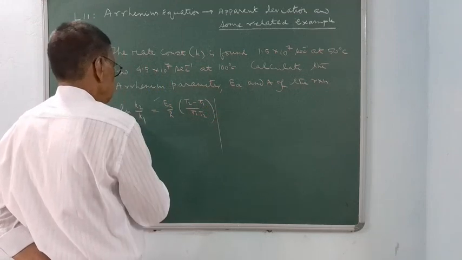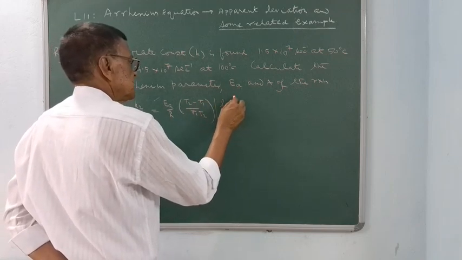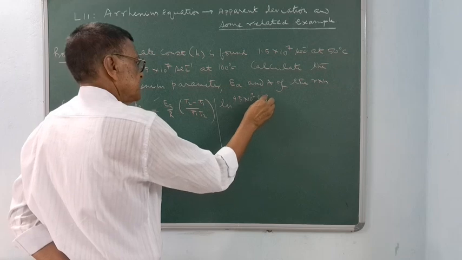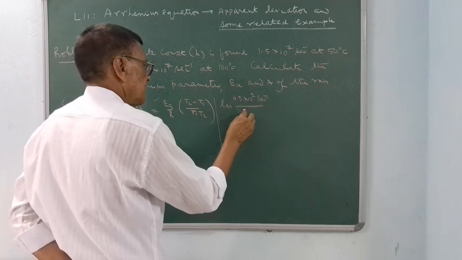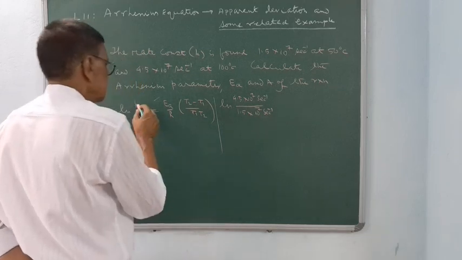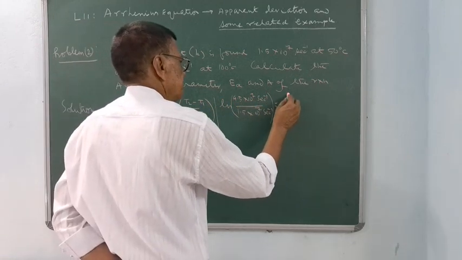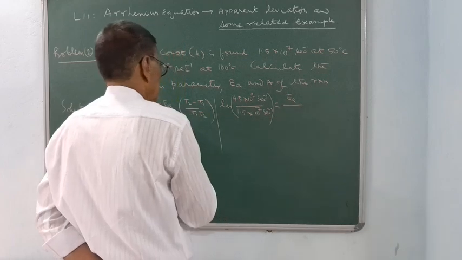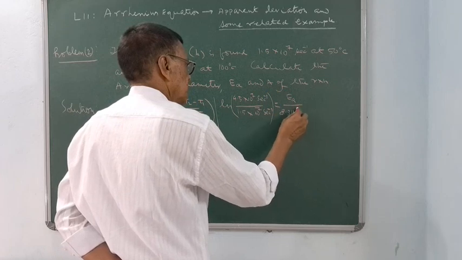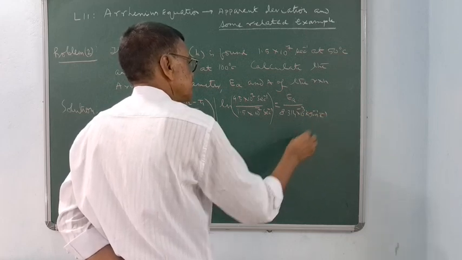Putting the values here, ln of K2, 4.5 into 10 to the power 7 second inverse, divided by K1, 1.5 into 10 to the power 7 second inverse, equal to EA divided by R, equal to 8.314 into 10 to the power minus 3 kilojoule mole inverse Kelvin inverse.